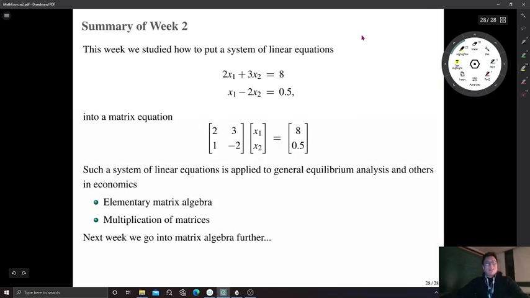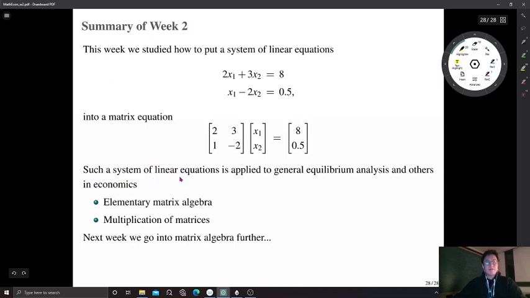Now you can easily see the first leading example, how to simplify a system of linear equations into a matrix equation. This is the same as the multiplication of these two vectors. This is a summary of the second week.